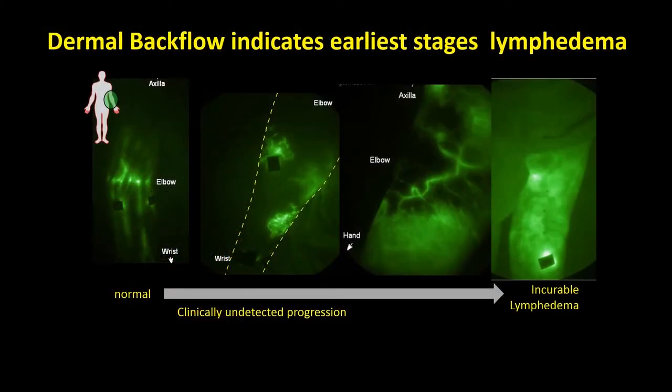So what we see is that as this condition progresses, we see a movement from straight lymphatic vessels that pump to this dermal backflow, where these lymphangions are becoming deficient, so we get even more dermal backflow, up to the point where we don't have the vessels transporting lymph any further. What we have is this ICG-laden lymph that's all within the tissues, and it's extravascular.